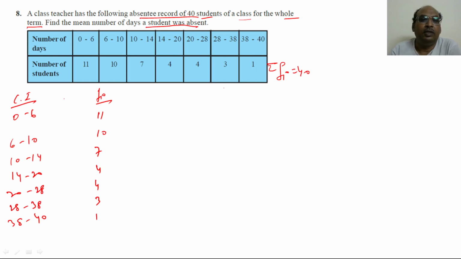Now xi will be 0 plus 6, 6 divided by 2, so it is 3.